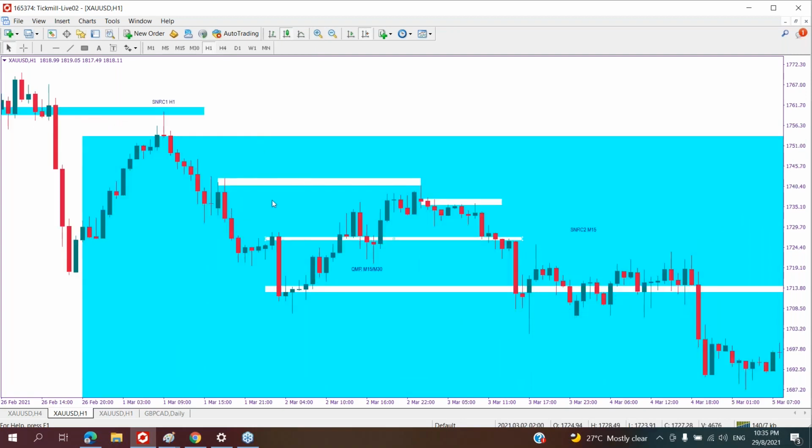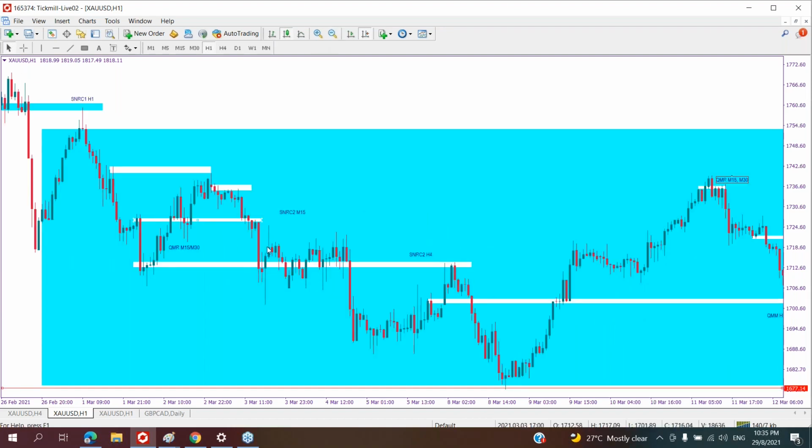The second thing is after price closed exceeding the entry point, I start to cut loss. I'm not going to hold it for a long time.